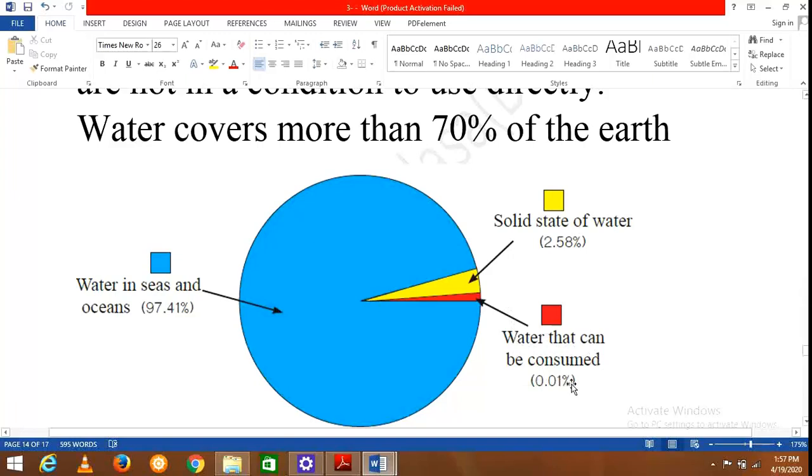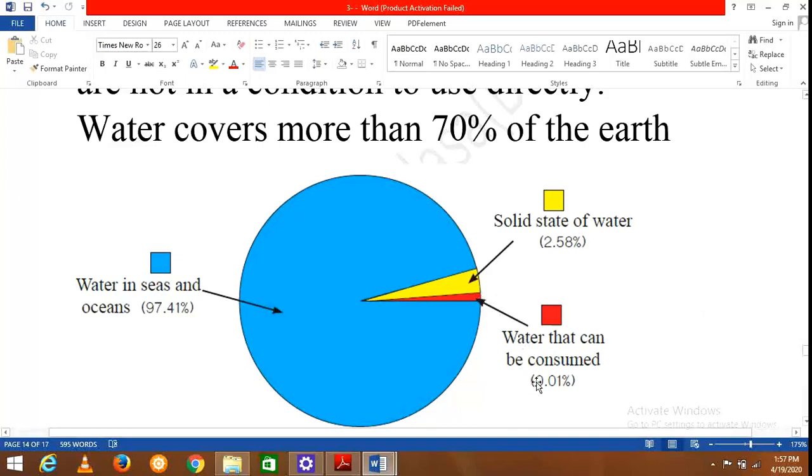It is a very limited amount. So you can see, though there are so many sources of water, the consumable water is very limited. Therefore, water is a very important natural resource which we have to conserve a lot.